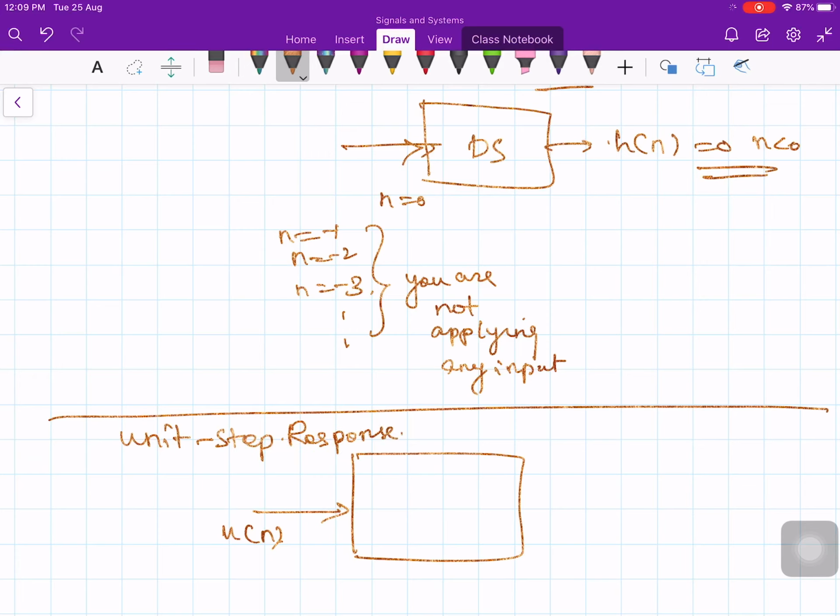We may use some other notation like A of n. As long as we do not come to the bridge, we will not cross it. We will keep S of n as the unit step response. So that's it about unit impulse response and unit step response.